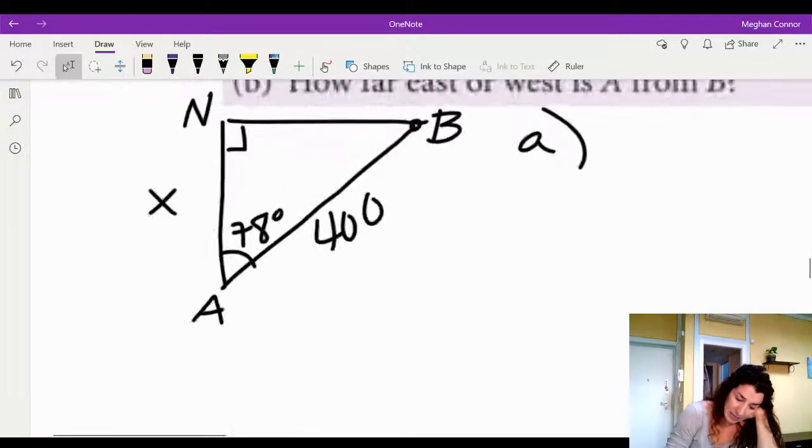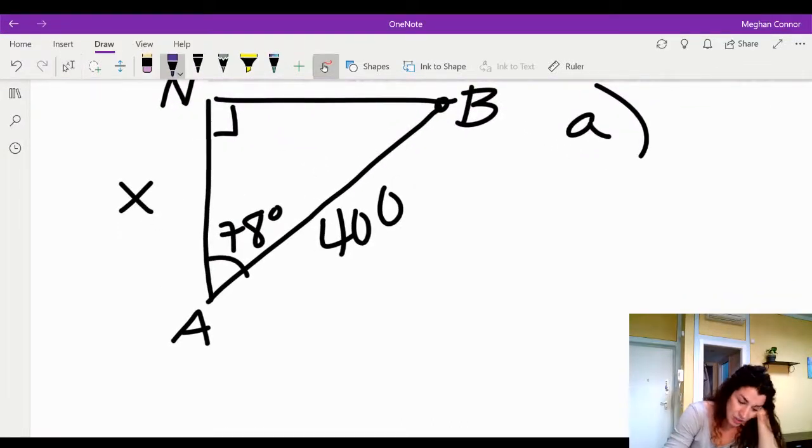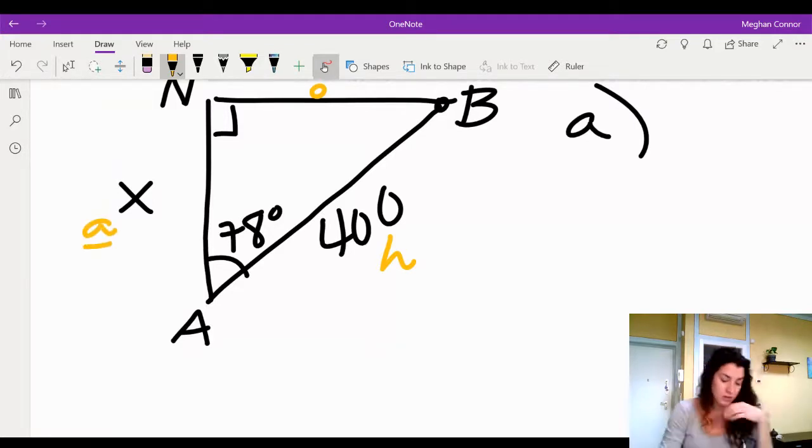Going in and labeling my side lengths, the relationships of my side lengths, remember, is what's key here. 400 is my hypotenuse. I know that this side over here is my opposite, which means x is actually my adjacent. I want to solve for the adjacent, and I have the hypotenuse, so I'm going to be dealing with cosine.